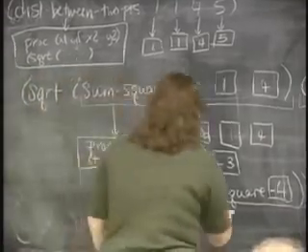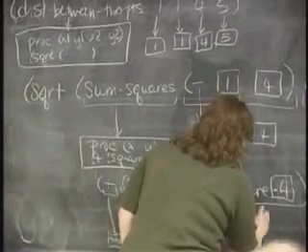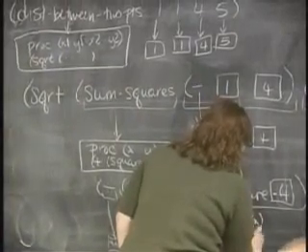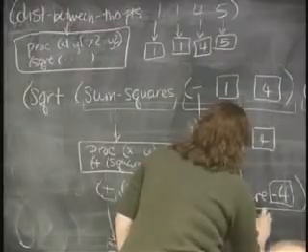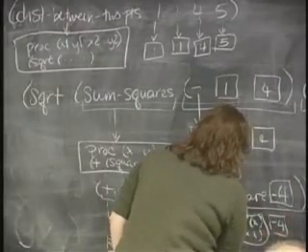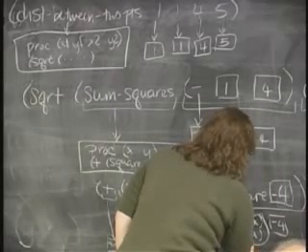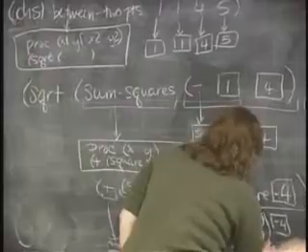Okay. Similarly, over here, procedure x times x, minus 4 gives us minus 4 times minus 4.